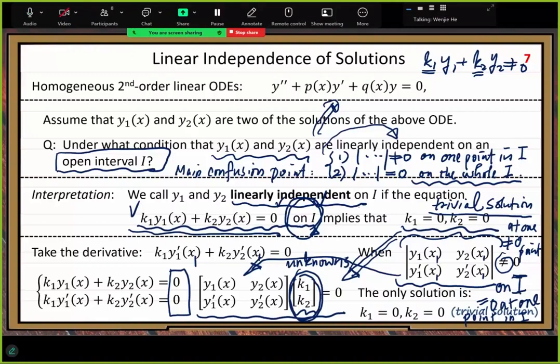But that higher order ODE we leave to module 3. In module 3 we will go to higher order ODE, and at that time we will have a similar, generalized result of this one.